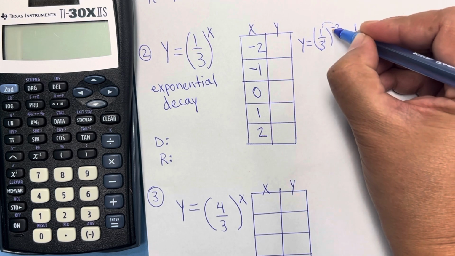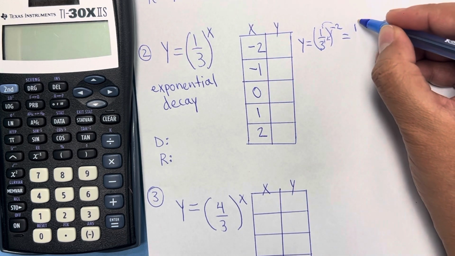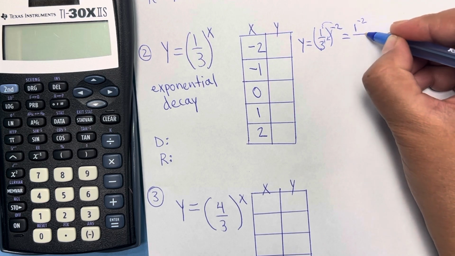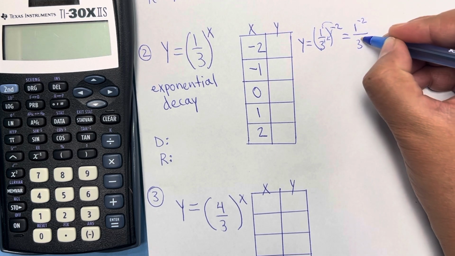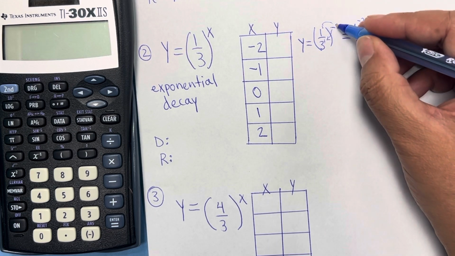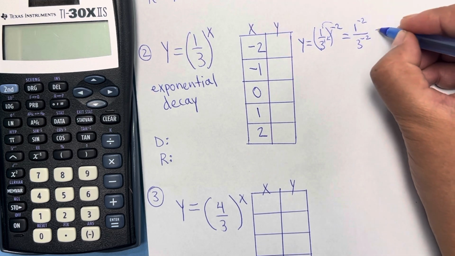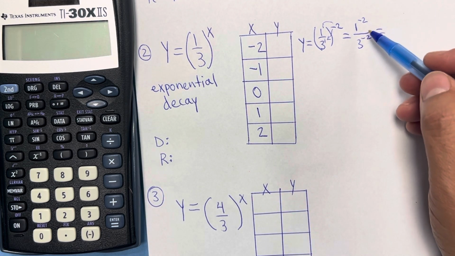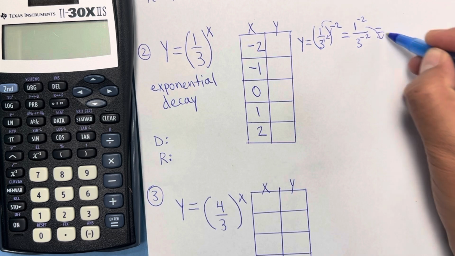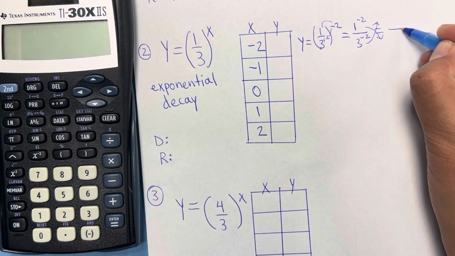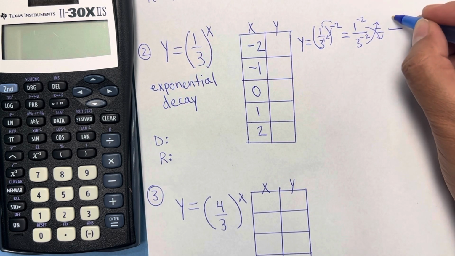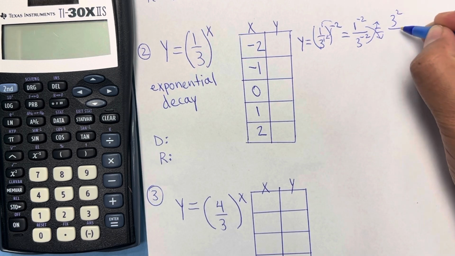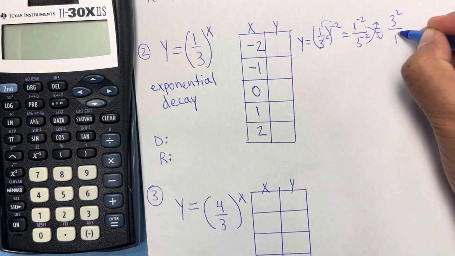So you're multiplying by each one: 1 to the -2nd power and 3 to the -2, because -2 times 1 is -2. But if we have negative exponents, then this goes to the denominator and this goes to the numerator to make the exponent positive. So it's going to be 3 to the 2nd power, or 3 squared, over 1 squared.